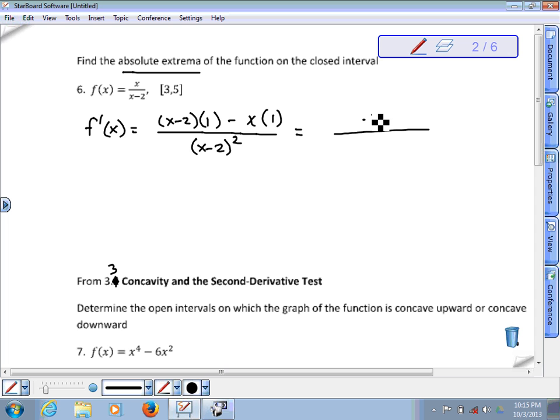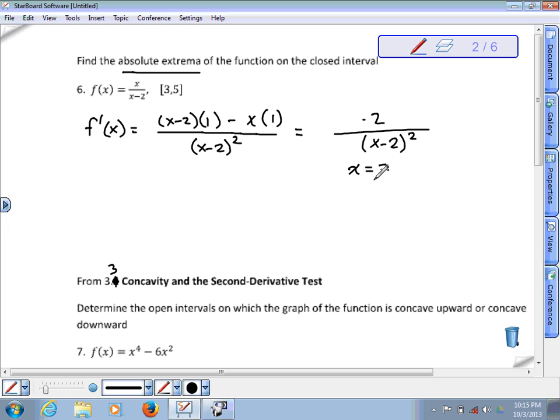Simplifying the numerator is going to yield a negative 2, and then it's all over x minus 2 squared. Now, we have a critical value whenever the first derivative is equal to 0 or when it's undefined. It's undefined when x equals 2. And because there are no x values in the numerator, this expression will never equal 0. So the only critical value we have is x equals 2.